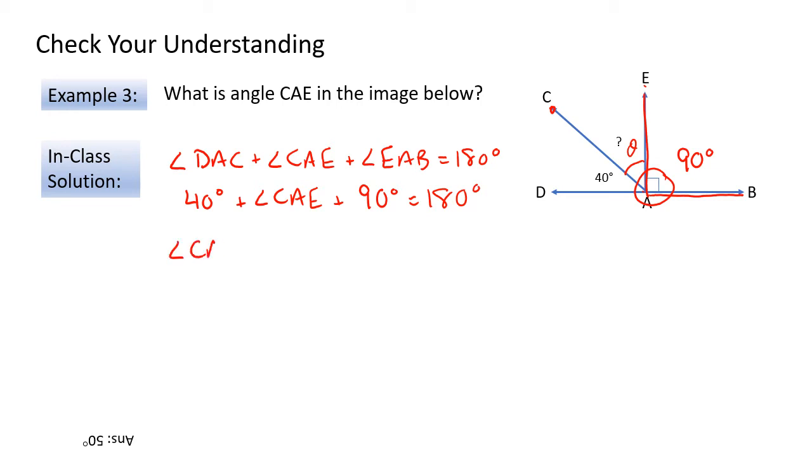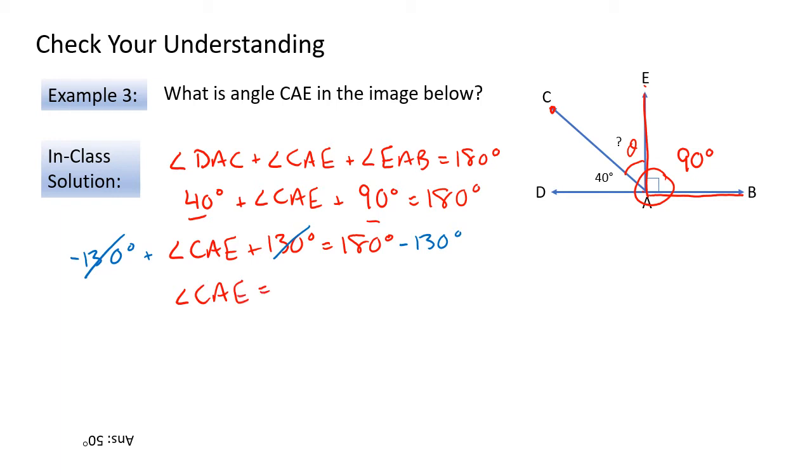So angle CAE plus 130 degrees, I just added 40 and 90, is equal to 180 degrees. So subtracting 130 degrees from both sides, in order to have angle CAE by itself, on the left side, the 130s cancel, and angle CAE is simply equal to 180 minus 130, or 50 degrees.